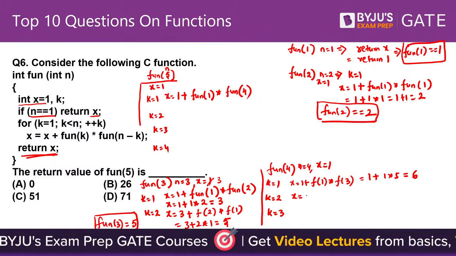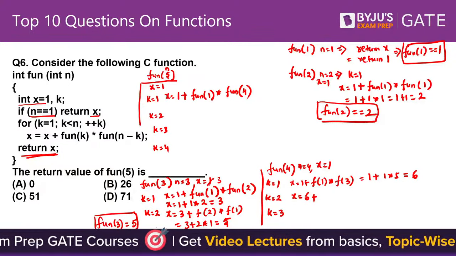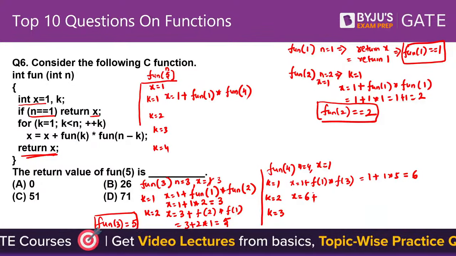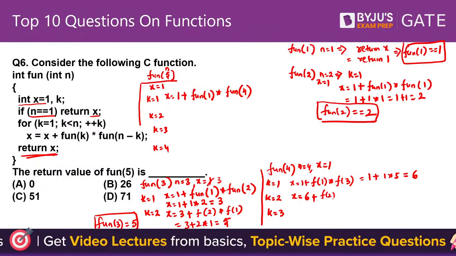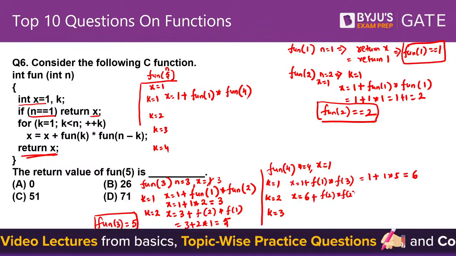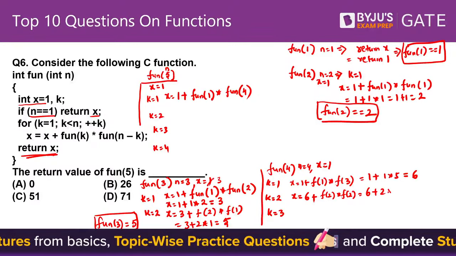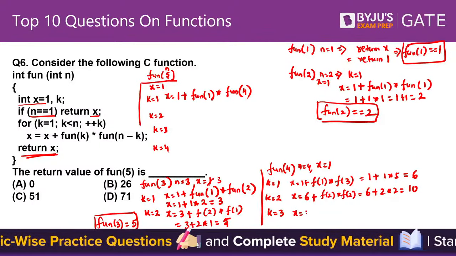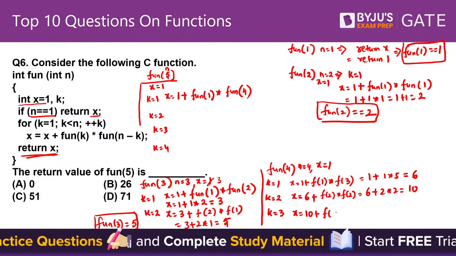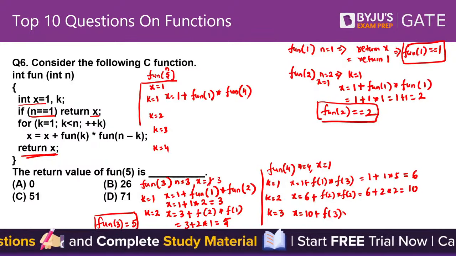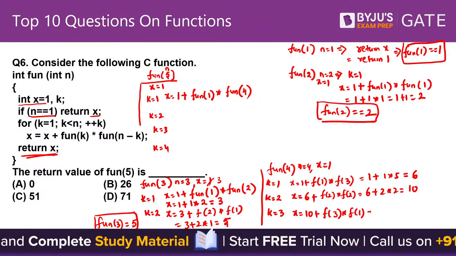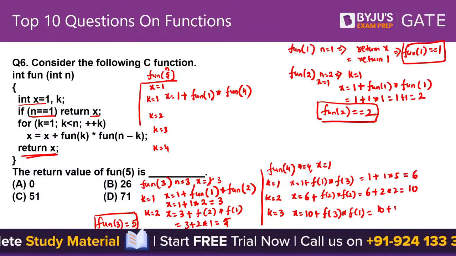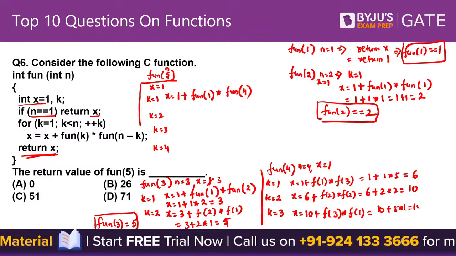Now, k is equal to 2. So, it is 6 plus fun of 2 into fun of 2. That is 6 plus 2 multiplied by 2, 6 plus 4, 10. Now, k equal to 3, 10 plus fun of 3 into fun of 4 minus 3 is 1. That is 10 plus 5 into 1, 15.